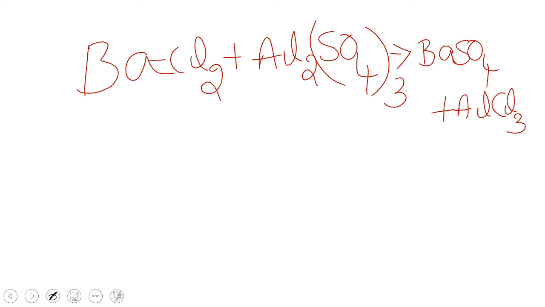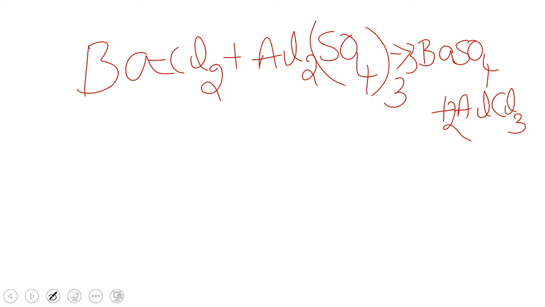Actually here SO4 thrice is there, but here only 1 is there. So here I will write 3, which balances the sulfate. Here 2 aluminiums are there, so I will write 2 here. Now aluminium is balanced, and even sulfur and oxygen are balanced.